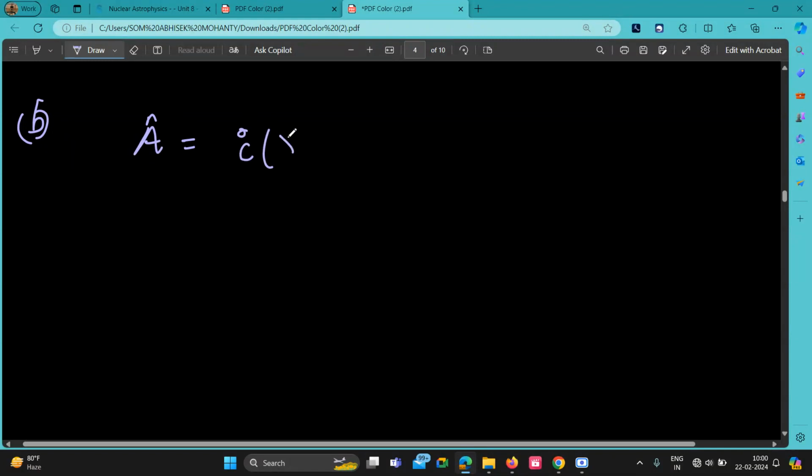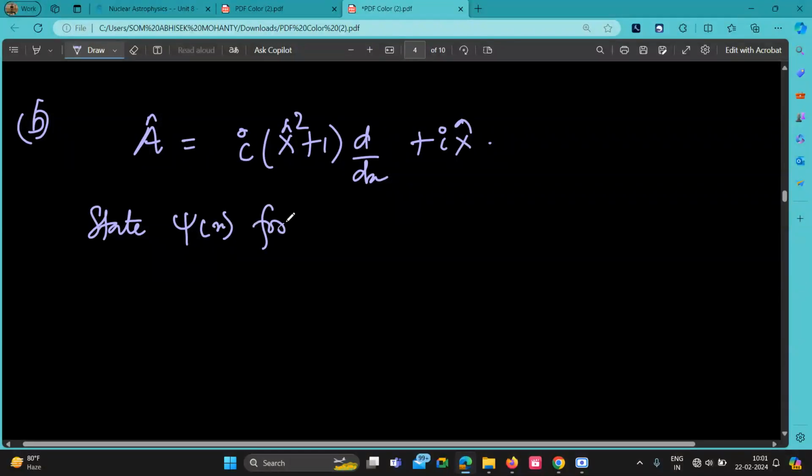In the first bit we are given i (x square plus 1) d by dx plus ix.